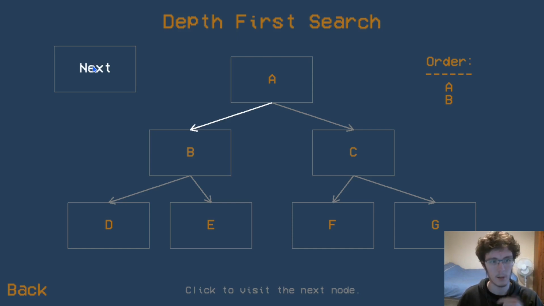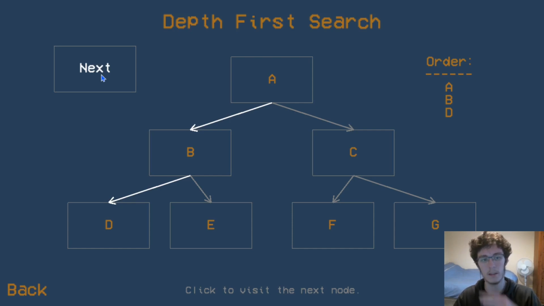So the next item is going to be D, because the leftmost child of a given node is always going to be the next one to be traversed. So if we go to next, we've got D. Now, D doesn't have any children, so we're not going to add anything else to the stack.